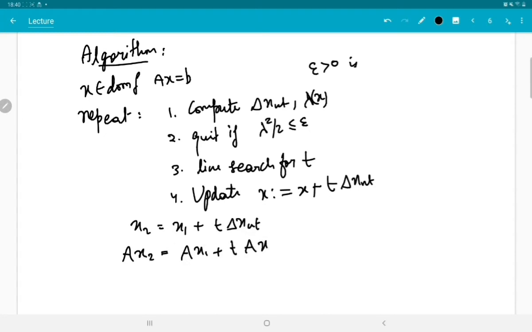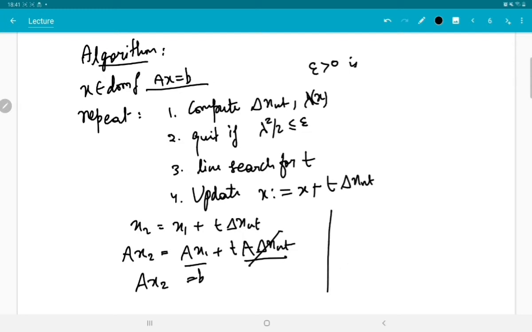So we have this relation here, and A delta x_nt is 0, and this is equal to b, so we have A x2 equal to b. So it is still inside the feasible set, and we are never moving out of the feasible set because, starting from the first initialization, we are inside the feasible set.